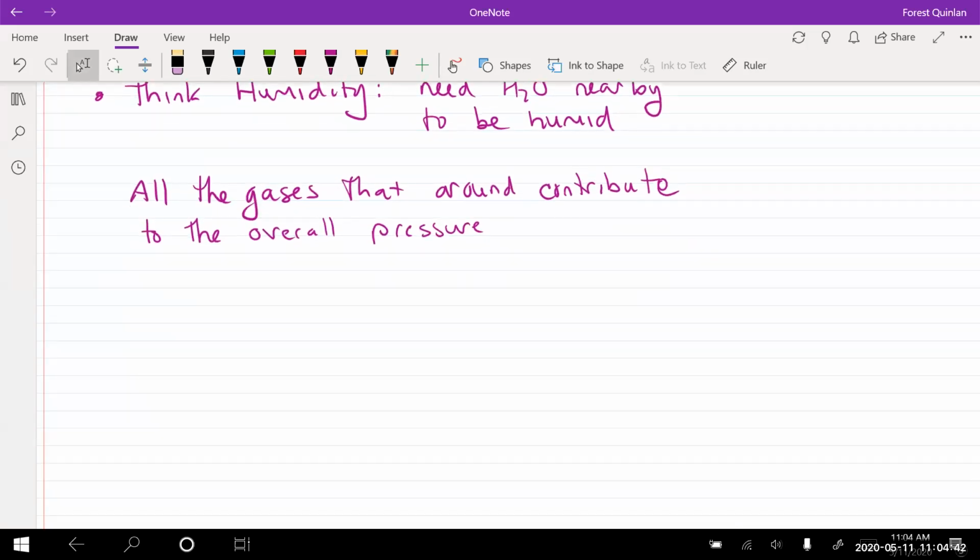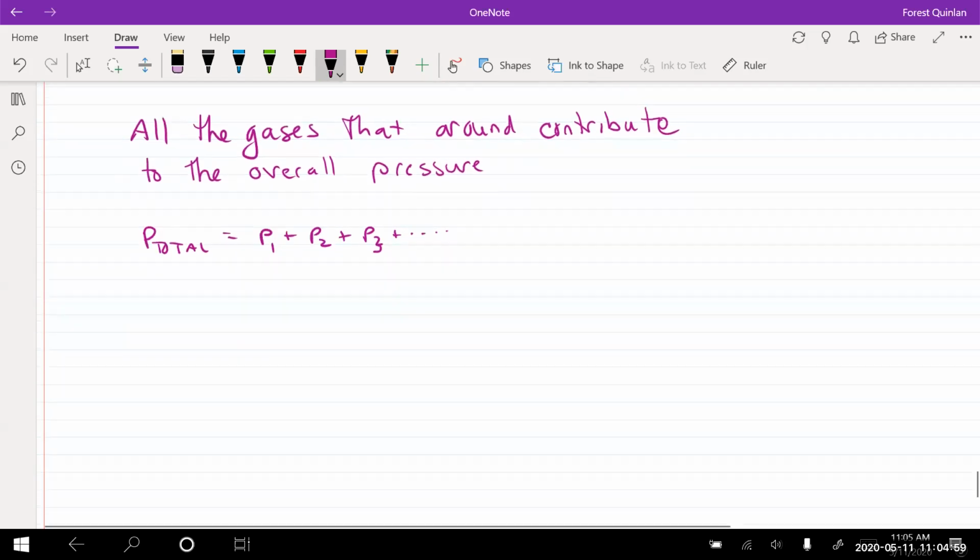And this is where we have that total pressure is equal to the summation of all of the other pressures, P1 plus P2 plus P3, for however many gases you have. Parts equal the whole.